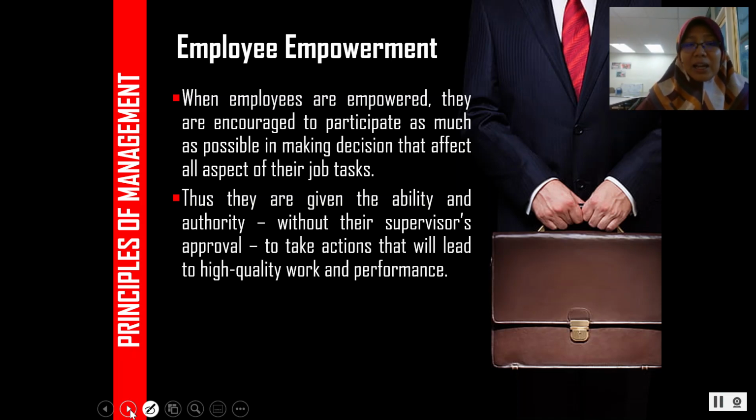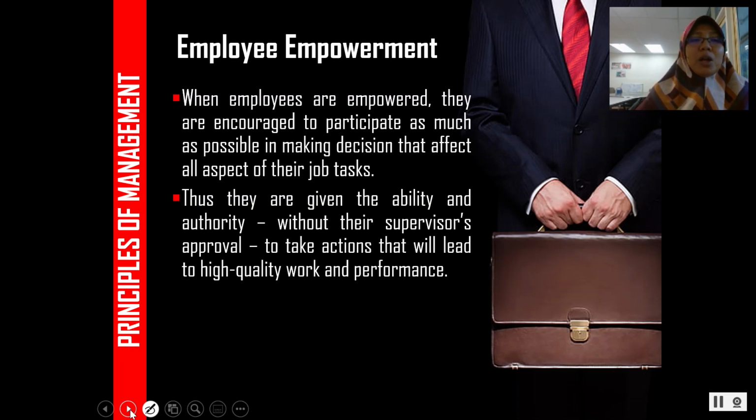In other words, they are given the ability and authority without their supervisor's approval. So this is what we call employee empowerment. If you wait for your supervisor, for example, your supervisor may be quite busy, or not able to be in the office or is outstation, this will affect the job process.